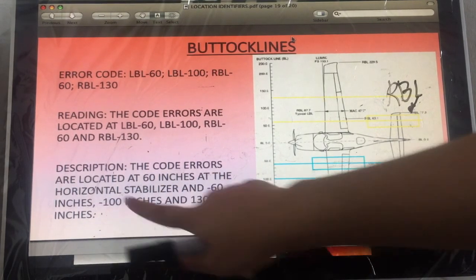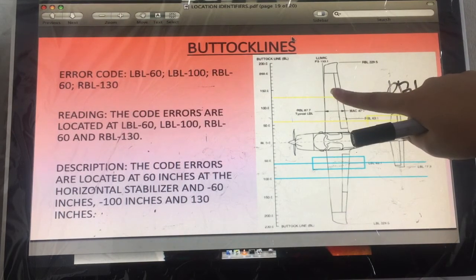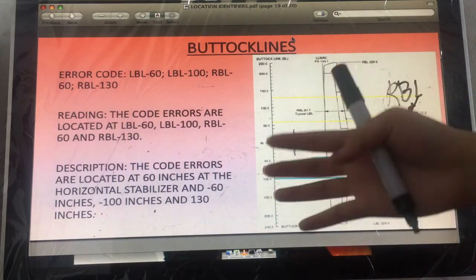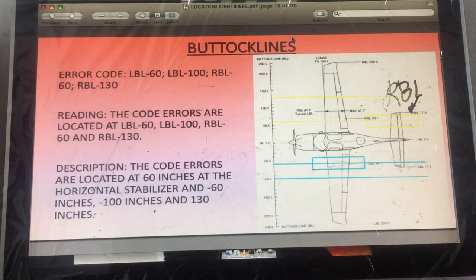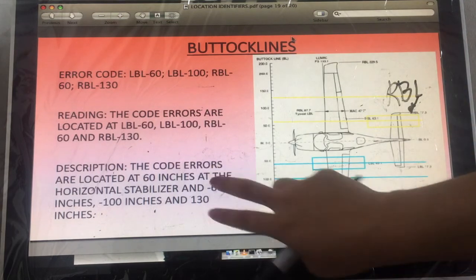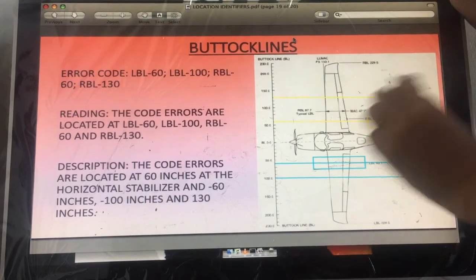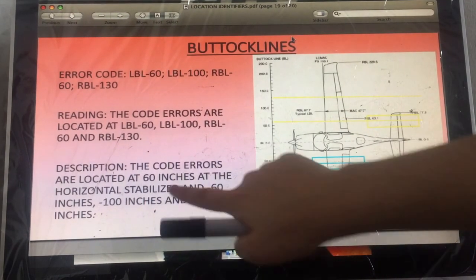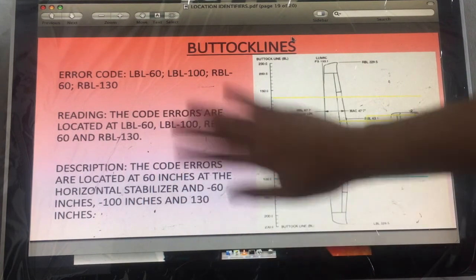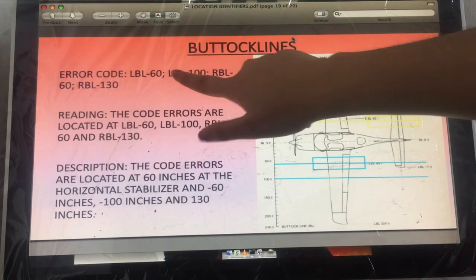Negative 60 inches, negative 100 inches, and the positive one, 130 inches. So, automatically, kapag walang nakalagay, automatic nasa wing yung damage. So again, regardless kung positive siya, unahin pa rin ang nasa horizontal stabilizer pagdating lang naman sa description. Pero pagdating sa error code tsaka sa reading, same lang na unahin yung LBL tapos RBL.